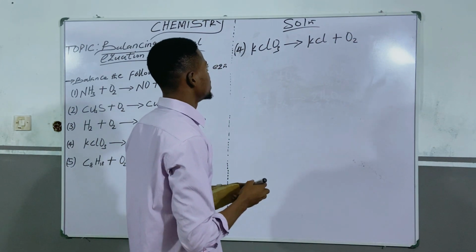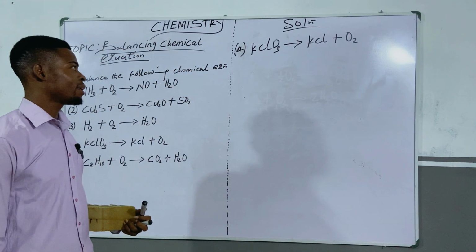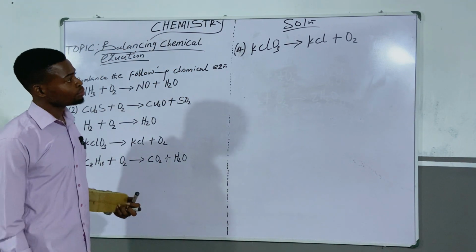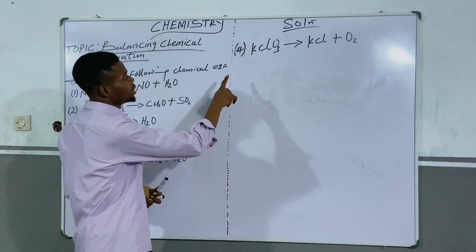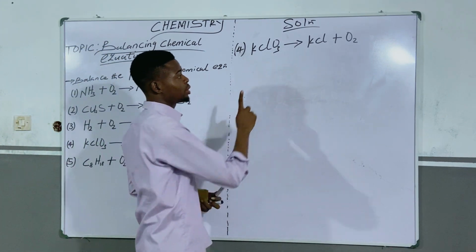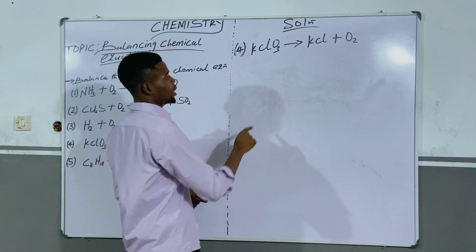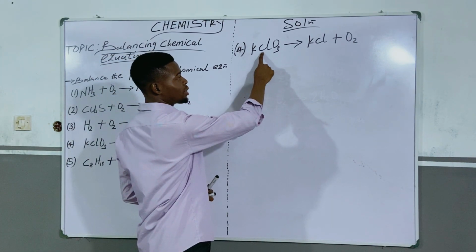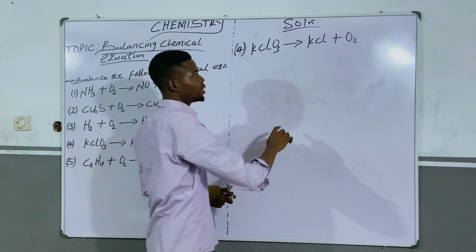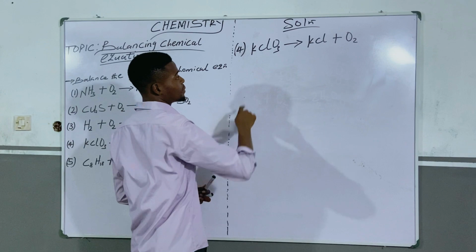Okay, so in this reaction, let's look at how it goes. We have 1 potassium here and 1 potassium here. Potassium is balanced. Then chlorine: we have 1 chlorine here and 1 chlorine here. Chlorine is balanced.